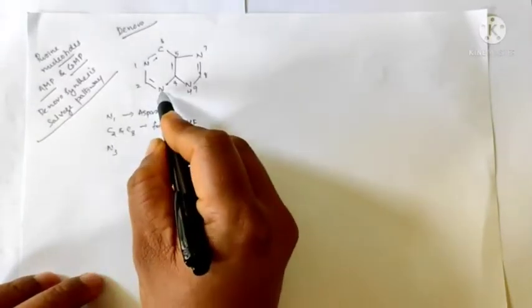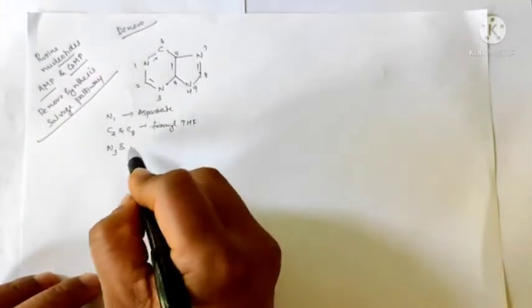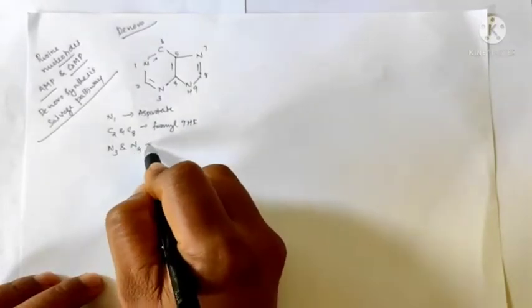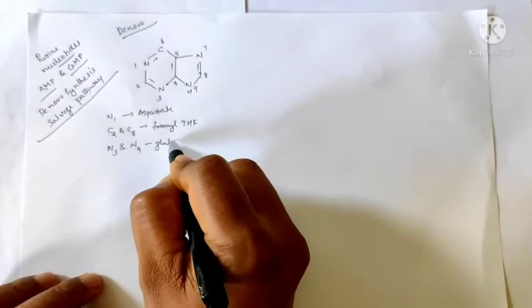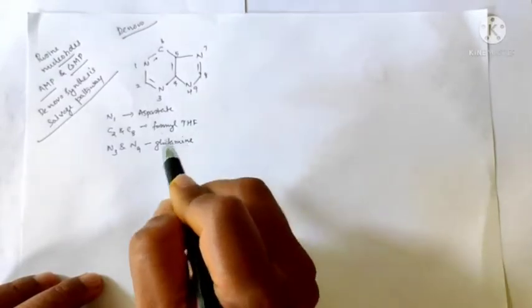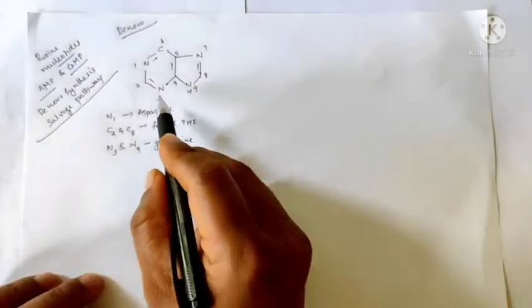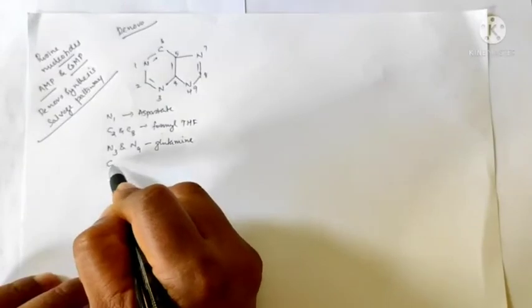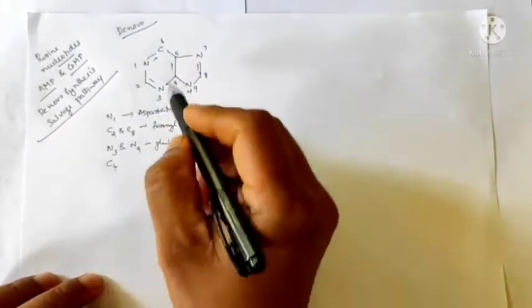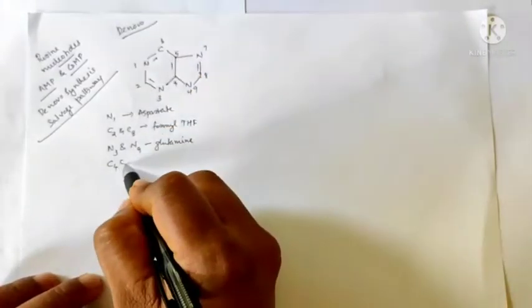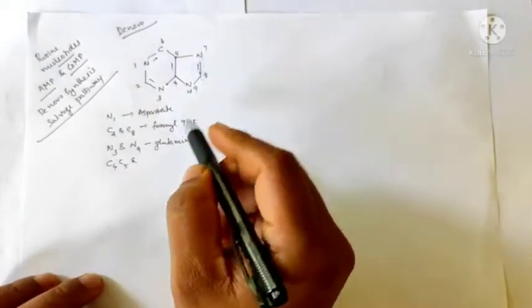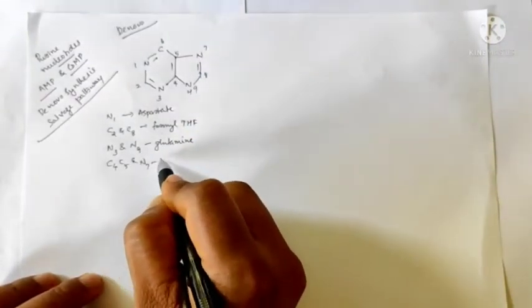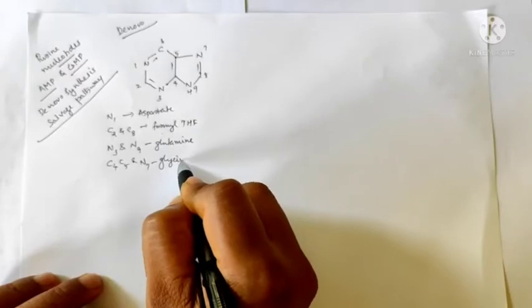Then nitrogen at the 3rd position and nitrogen at the 9th position, N3 and N9, are obtained from glutamine. Carbon at the 4th position, carbon at the 5th position and nitrogen at the 7th position are obtained from glycine.